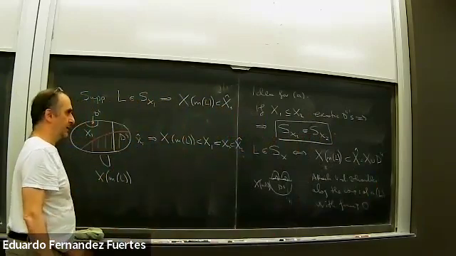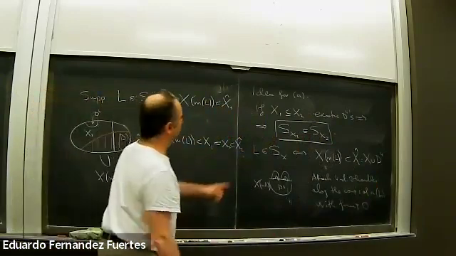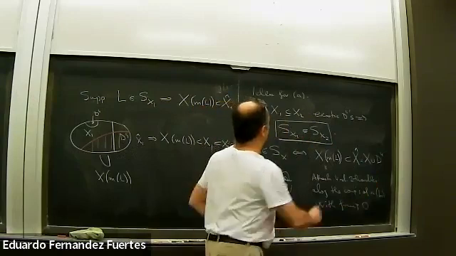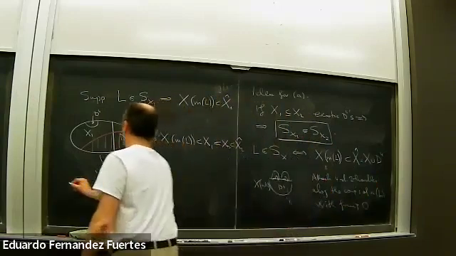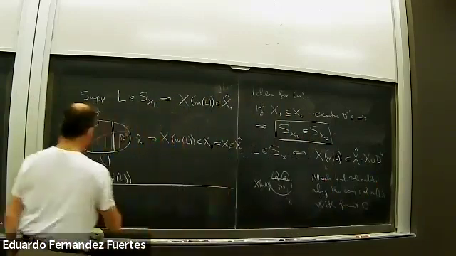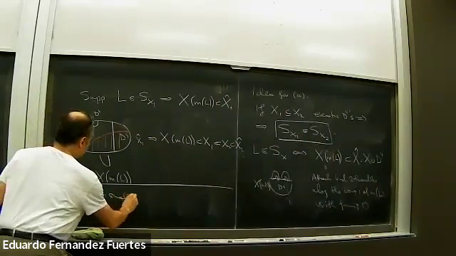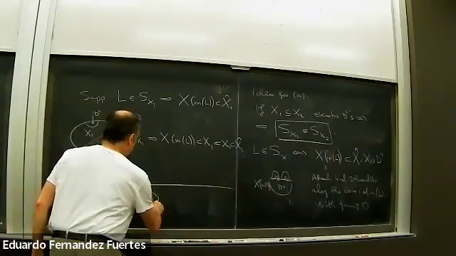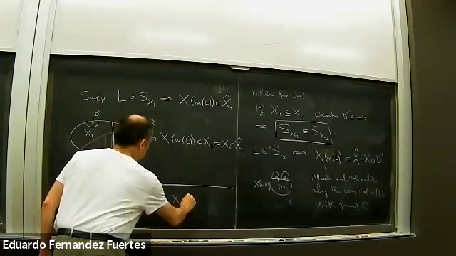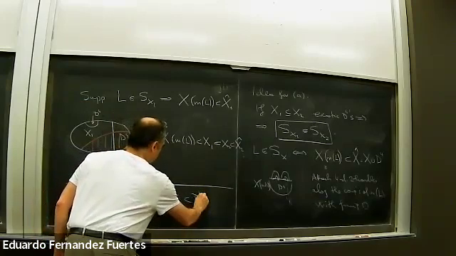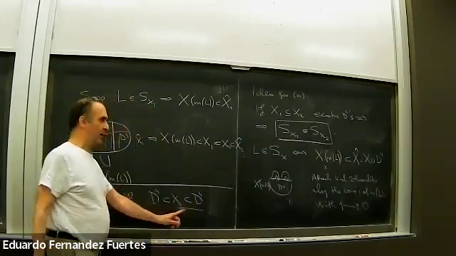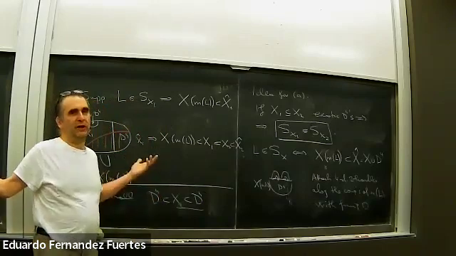This is really a simple argument, and this is the end of the proof. If X is a small exotic D4, then you have the containments. This is by definition of small, and this holds for every four-manifold.